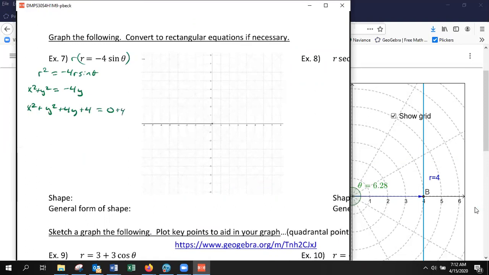We have to add 4 to both sides, and that adding 4 is to complete the square. I realize I'm jumping through a lot of skills here. There's an assumption you remember a lot of those skills that we've been working with all year. So this is actually a circle, and this circle is centered rectangularly at 0, -2. So the circle centered at 0, -2 with a radius of 2.